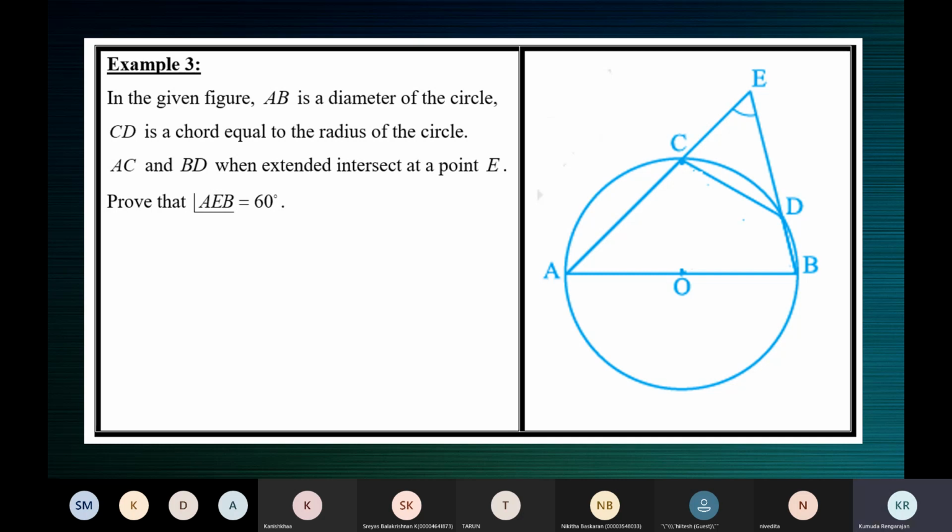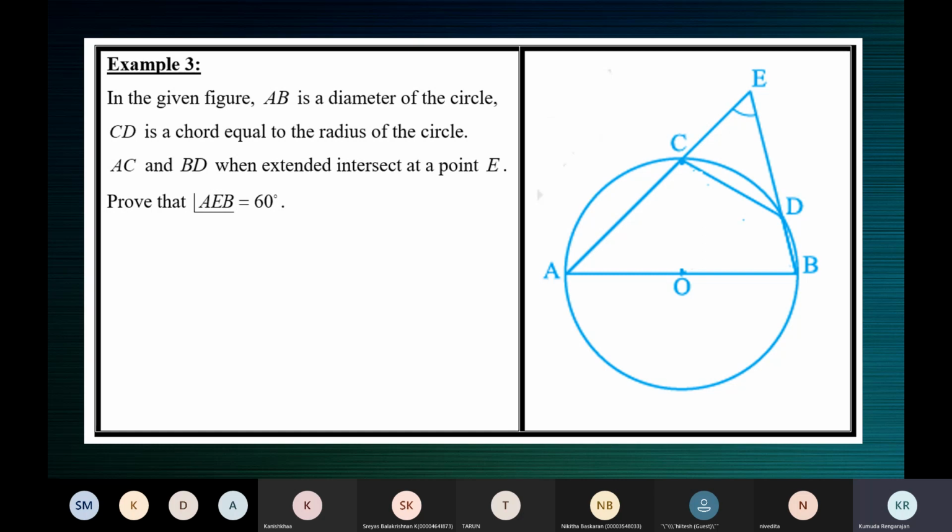So much of information we have. AB is a diameter. Keep that in mind. Whenever the diameter is mentioned, immediately think: angle in a semicircle is a right angle. Maybe you have to use that property. That property can be used only when one of the diameters is known to us.